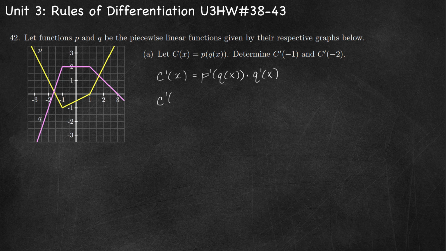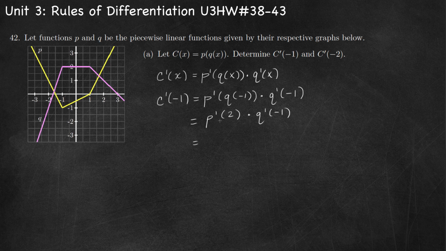Now to find c prime of negative 1, we just substitute negative 1 in for x. So we have p prime of q of negative 1 times q prime of negative 1. So q of negative 1, if we look at the graph for q, at negative 1, q is equal to 2. So p prime of 2 times q prime of negative 1.